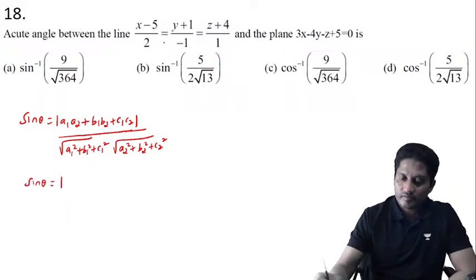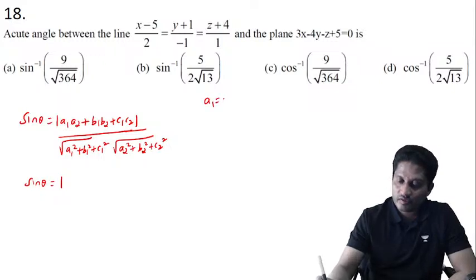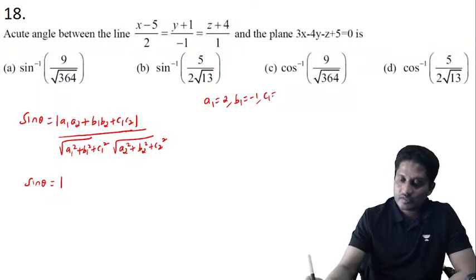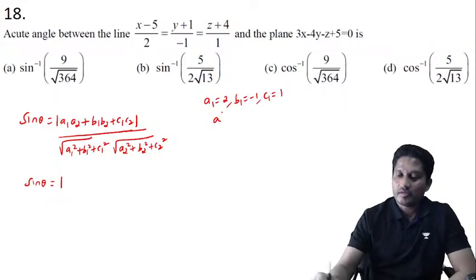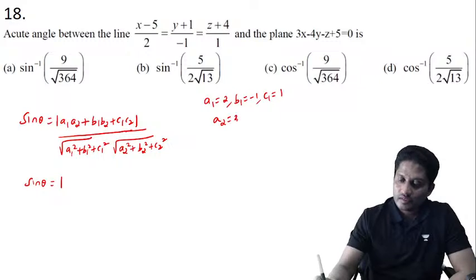Now for this line, a1 is equal to 2, b1 is minus 1, c1 is 1. The DRs normal to the plane: a2 is 3, b2 is minus 4, and c2 is equal to minus 1.